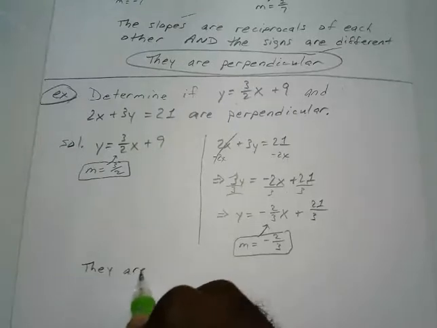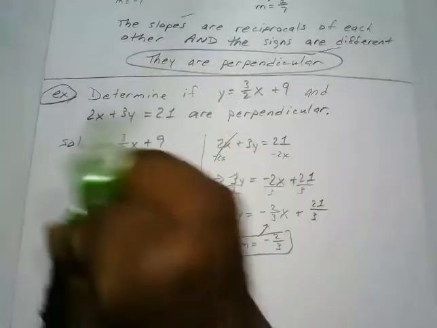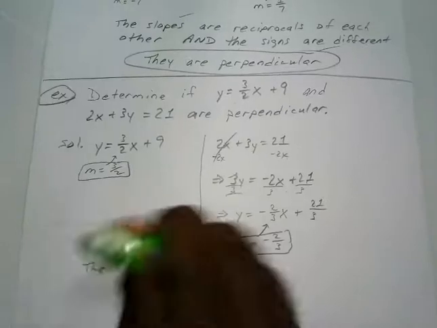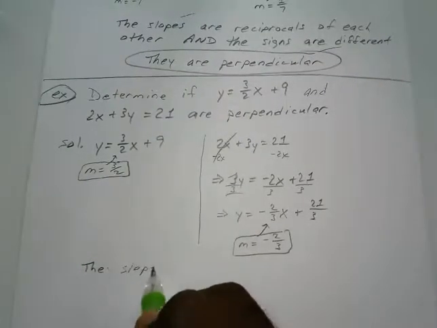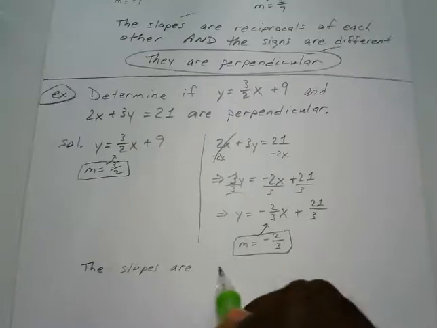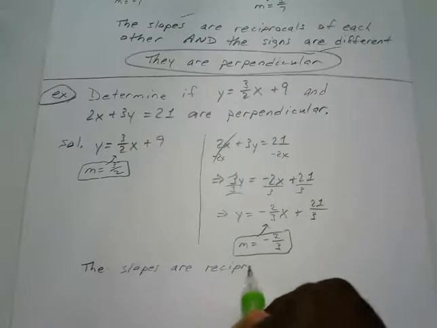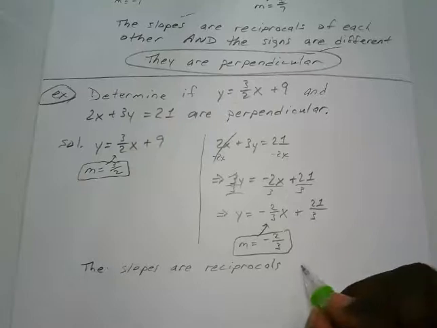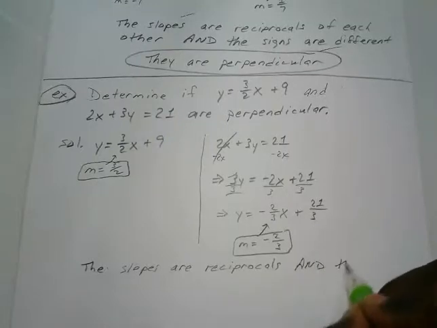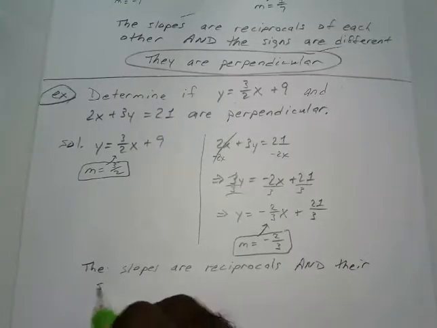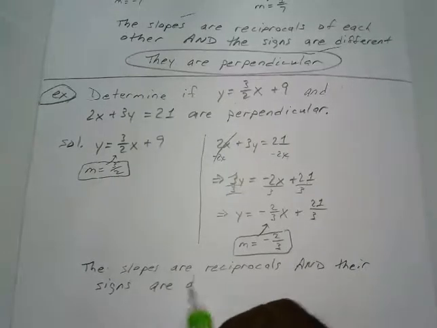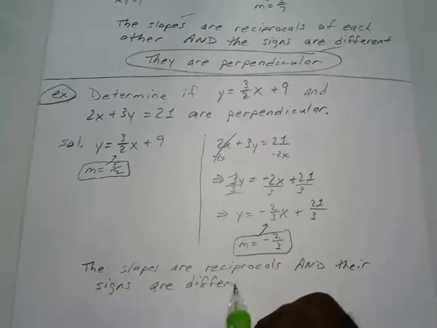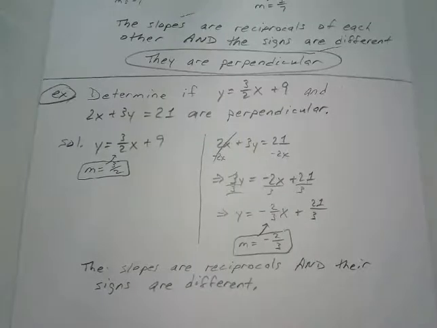The slopes are reciprocals and their signs are different, so they are perpendicular.